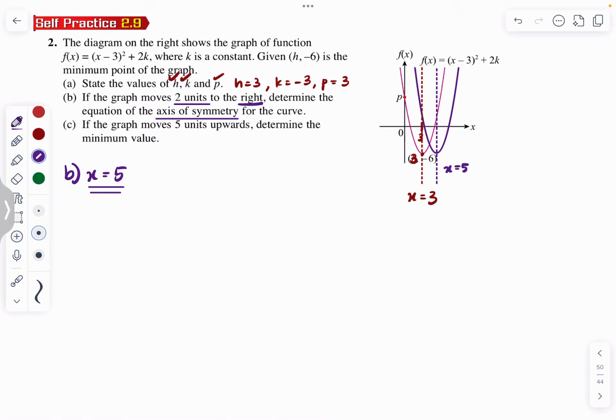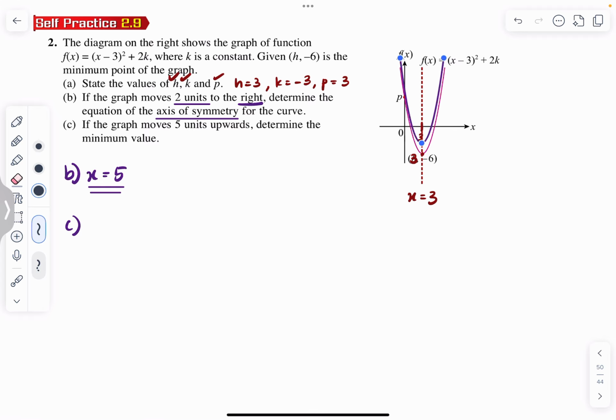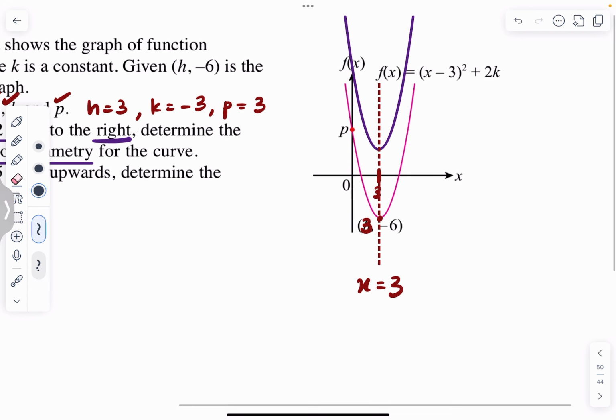Okay, let's look at C. If the graph moves 5 units upwards, determine the minimum value. Let's erase this first. This one also delete. Now the graph is moving 5 units upwards, somewhere here, let's say. Initially, our y coordinate here was negative 6.